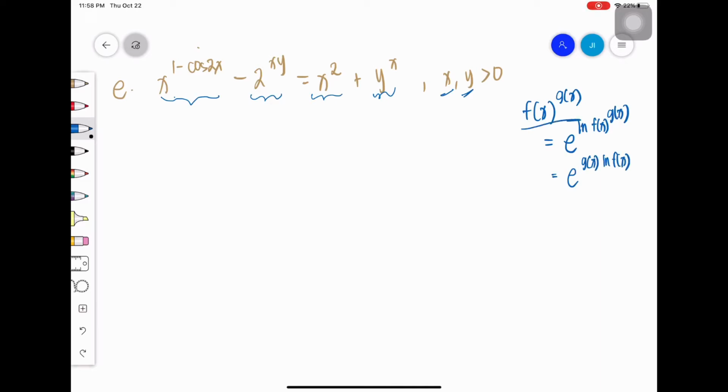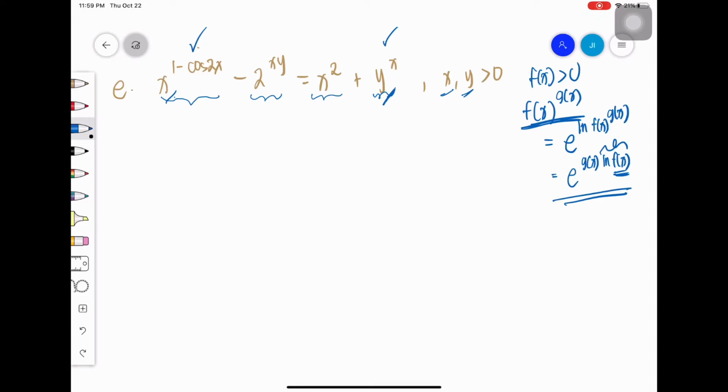So if you encounter such an expression wherein you are sure that the base is positive, then you can do the following, because ln is defined on positive values of f of x. But since x and y are positive, we can transform the first and the last term as e raised to g of x ln f of x. So let's try to do those things on the second line.